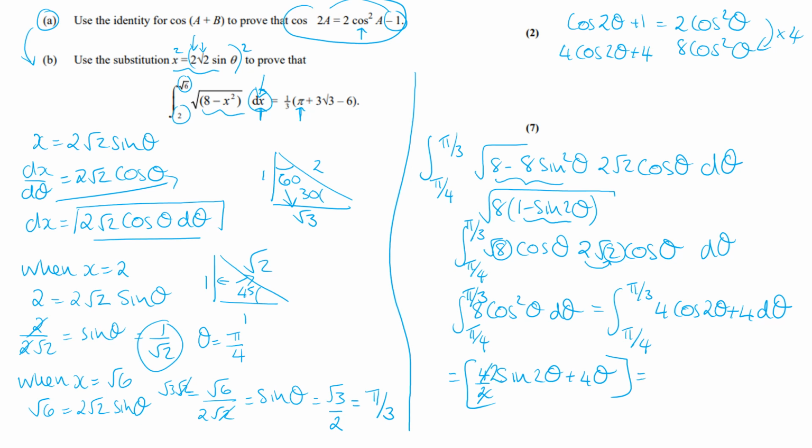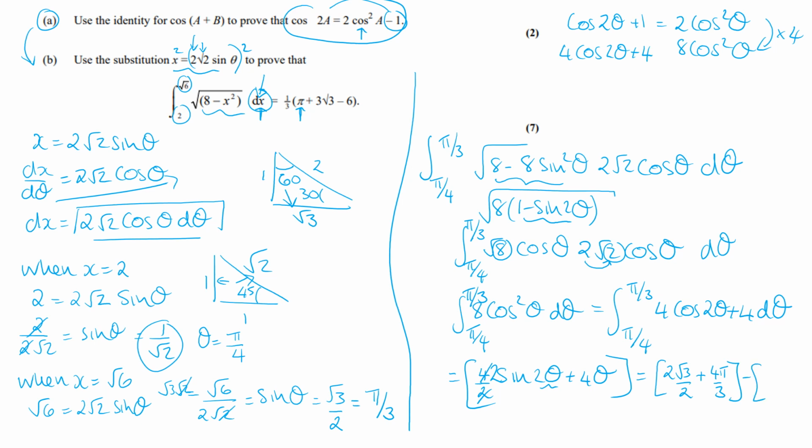So putting our limits in, this is going to be 2, and then double theta will be 2 pi by 3, which if you think in terms of degrees is 120, and sine 120 is root 3 over 2. So we've got 2 root 3 over 2 plus 4 theta, which is 4 pi by 3.